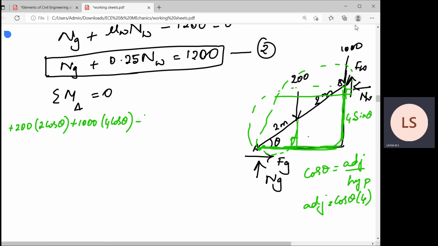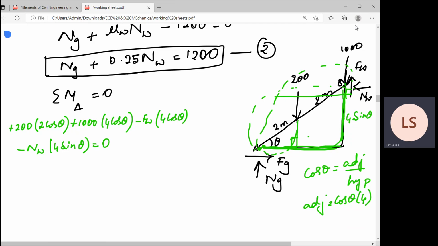Minus Fw into 4 cos theta, then minus Nw into 4 sin theta, equals 0.